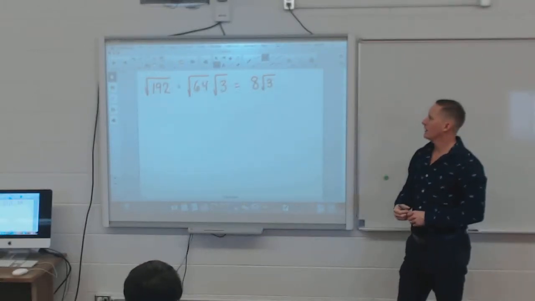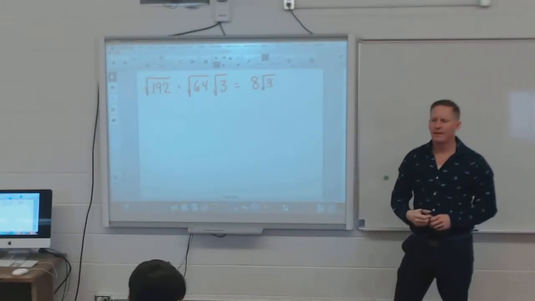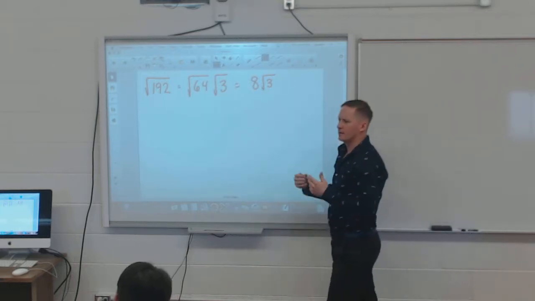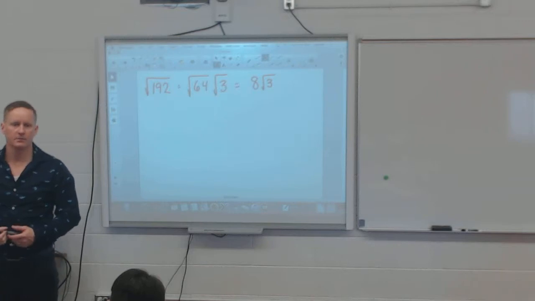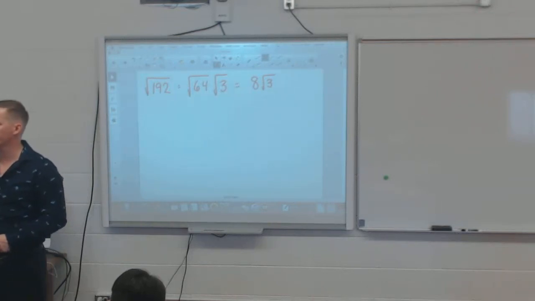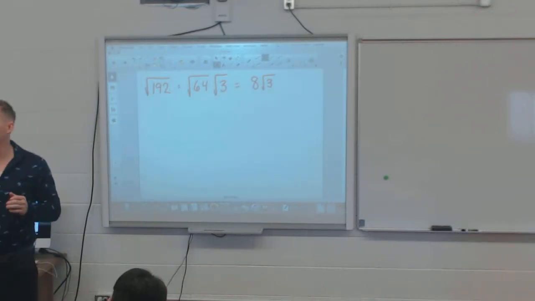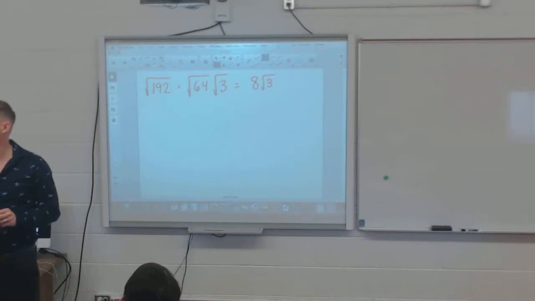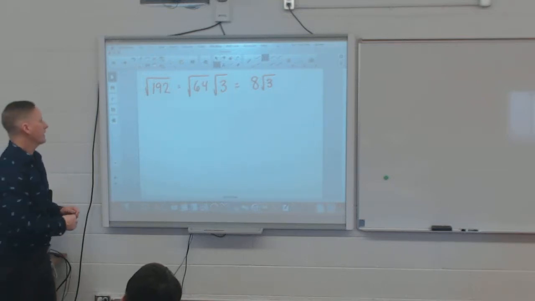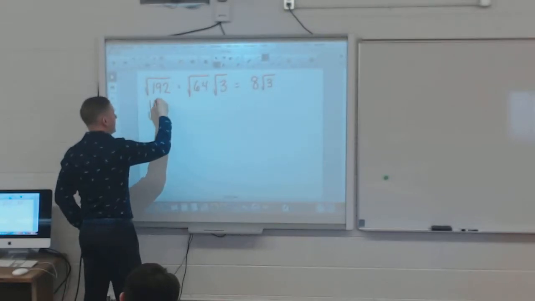Okay? Now, let's say we can't find 64 easily. So try a different perfect square. What is another perfect square that probably goes into 192? 16 does? Okay, so take 192 and divide it by 16.